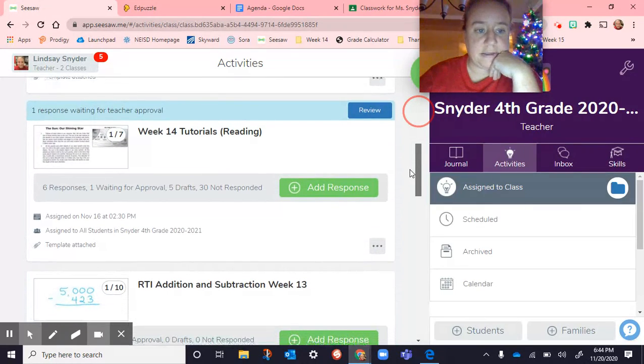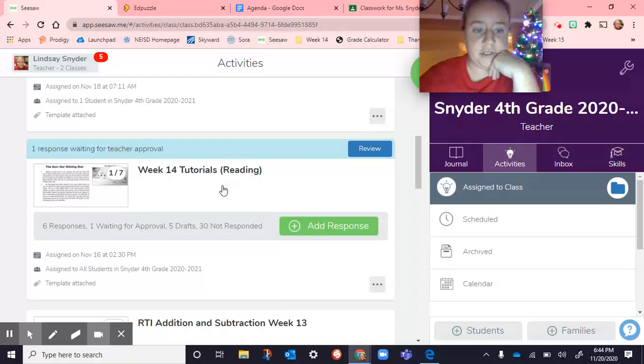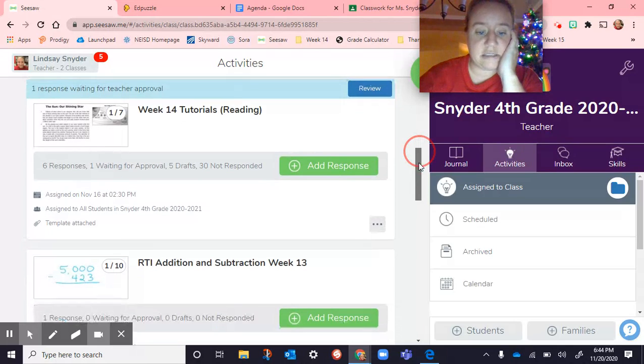And then this tutorials paper or pages there, this is what the kids did in tutorials. I'm assigning it to everybody just in case anybody that's not in tutorials would like some extra practice. If they do it, I will check over your answers and make sure you're doing well on that. So that's there. If not, once the next tutorial comes around, I'll take it off, so don't worry about that.